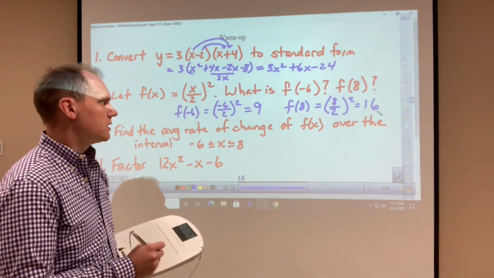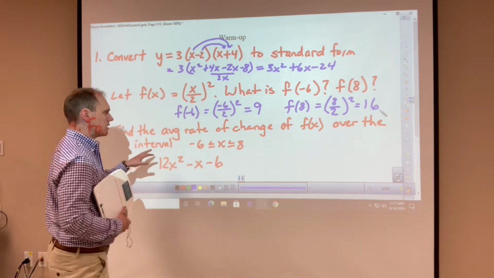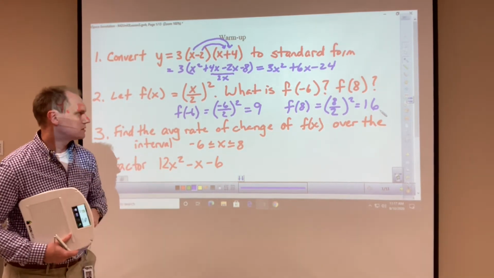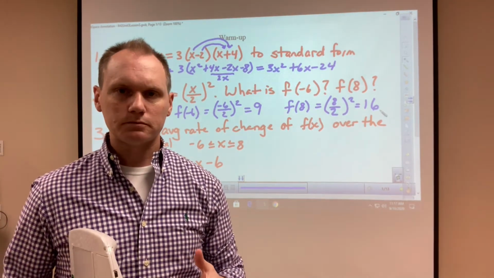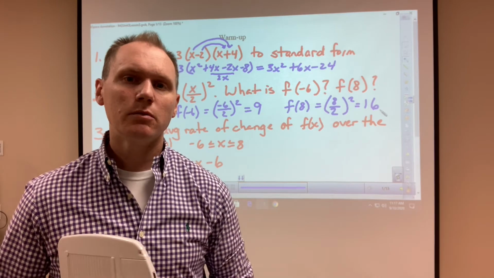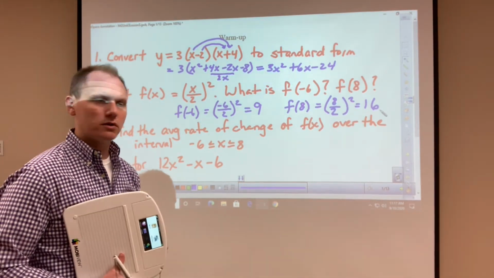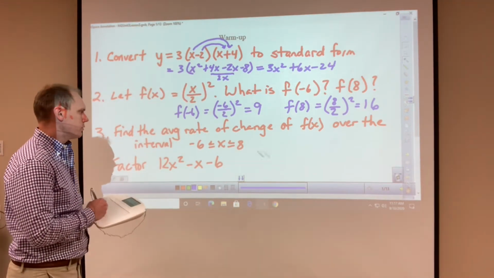4 squared is 16. All right, number 3, find the average rate of change of f of x, this function up here, over the interval from negative 6 to 8. If you remember, average rate of change is really just the slope of the secant line between the 2 points. So if we were to travel at a constant rate between those 2 points, what would the slope of that line be?